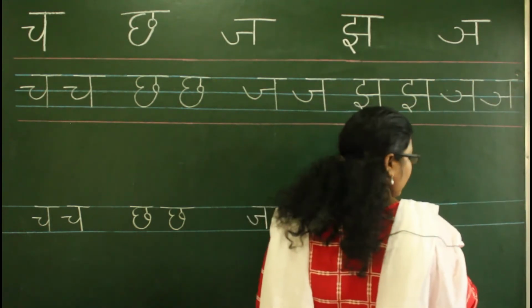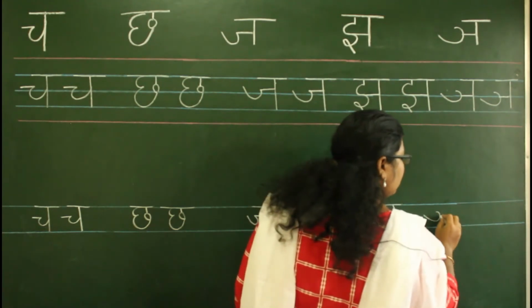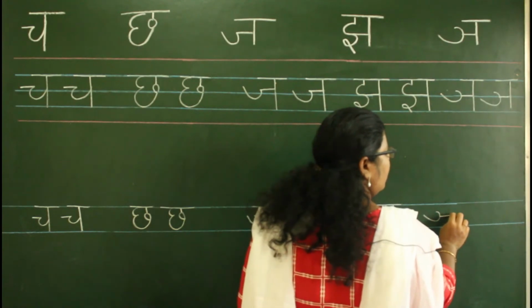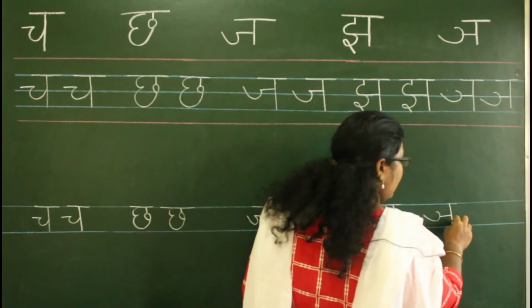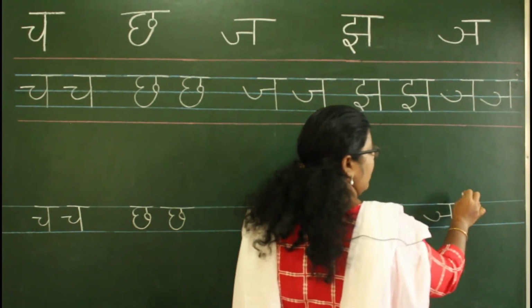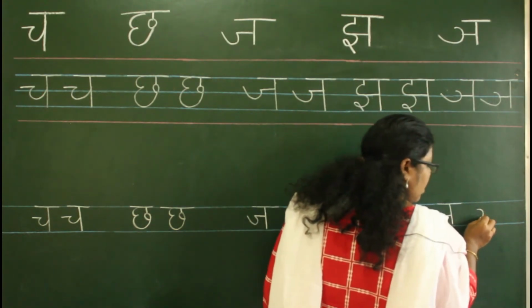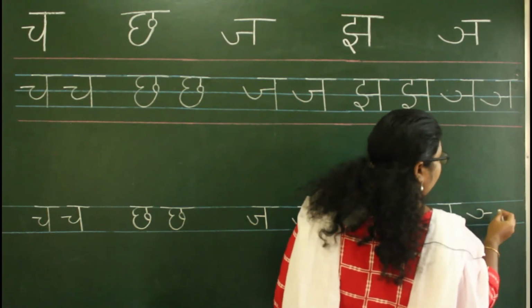Let's see it in your two-line notebook. Curve like this, then from here draw a sleeping line, then a standing line, and on the top draw a sleeping line. Once more, children, a curve like this, should be a long curve, okay?